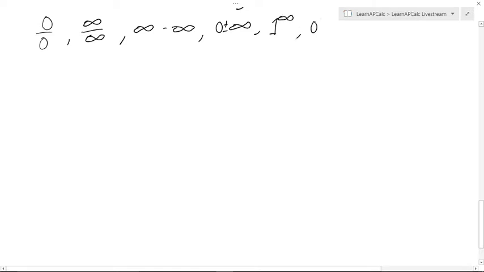Okay, so I've been talking a little bit about limits in our videos, and if we remember, we have several indeterminate forms: 0 over 0, infinity over infinity, infinity minus infinity, 0 times infinity, 1 to the infinity, 0 to the 0, infinity to the 0, and that's it.